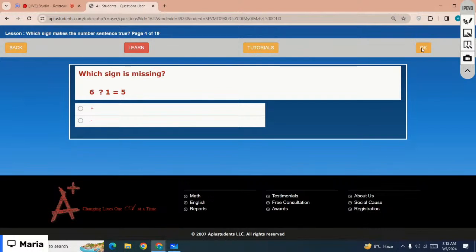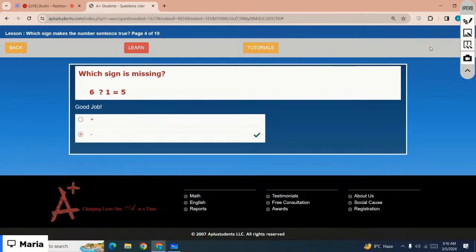You can write the option number like 1 or 2, right? For which question are you answering minus? Oh yes, 6 take away 1 equals 5. Sorry, you are right. That is subtract: 6 minus 1 equals 5. Very good.